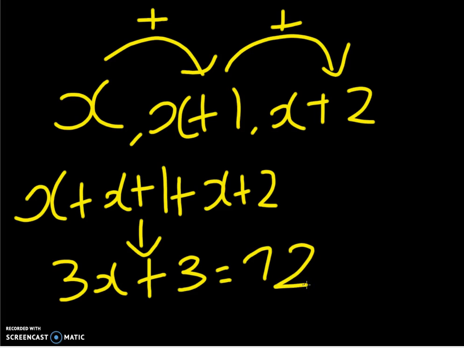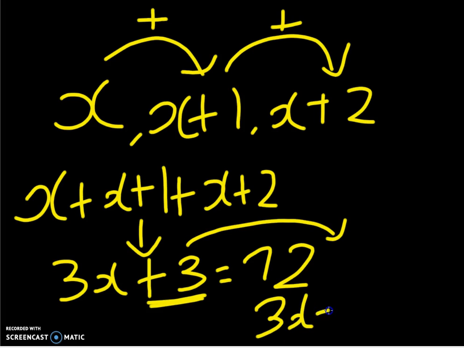And now, as we did before, let's bring the numbers to the other side and leave the variable on the one side. So 3x stays over here. 3x equals 72 minus 3. And what is 72 minus 3? Come on, anyone? 69.